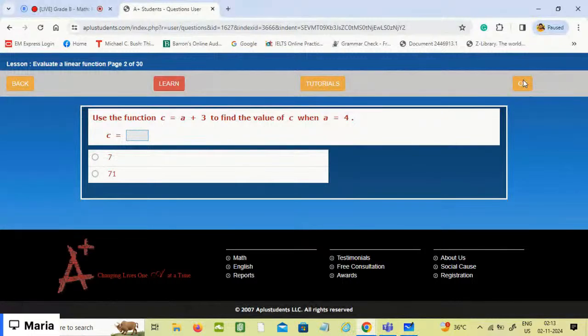Use the function c equals a plus 3. Find the value of c when a equals 4. So which is the correct option?